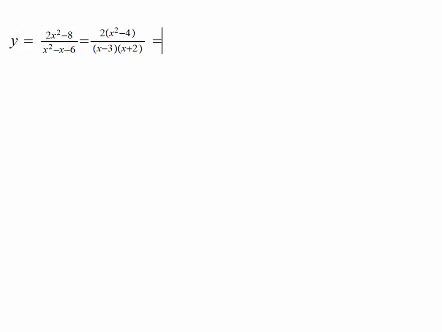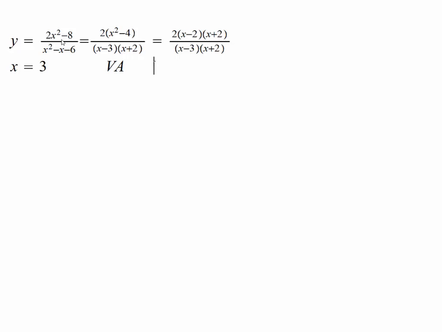And here x squared minus 4 will factor as x minus 2 times x plus 2. So what we notice is that x minus 3 is a factor of the denominator but not of the numerator, so x equals 3 will be a vertical asymptote. And x plus 2 is a factor of both, so that won't give an asymptote.